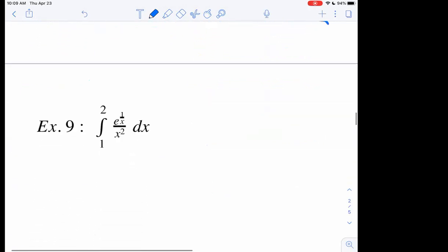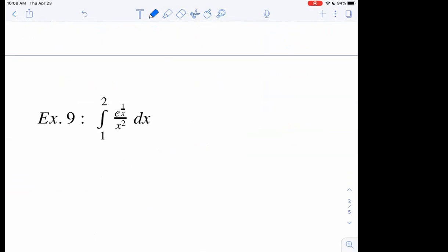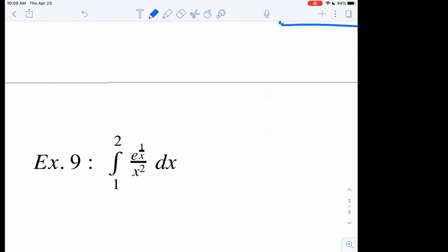So let's take a look at example number 9 over here, okay? So when I was typing this one, I was like, ooh, this just looks so much worse than the other ones, but I think in reality, it's not quite so bad, okay? So let me maybe write this a little bit clearer for you, but this is the integral from 1 to 2.